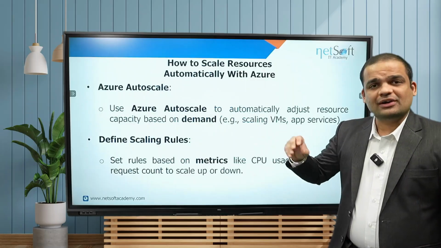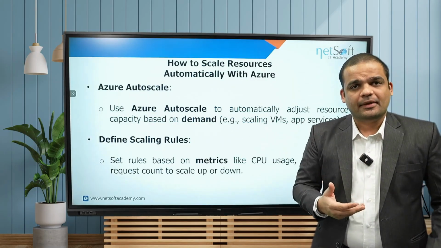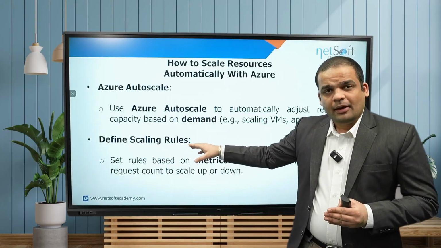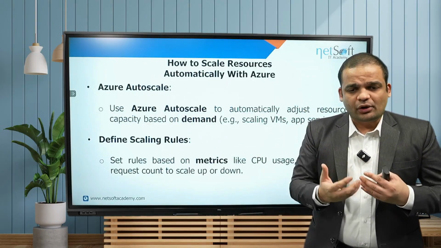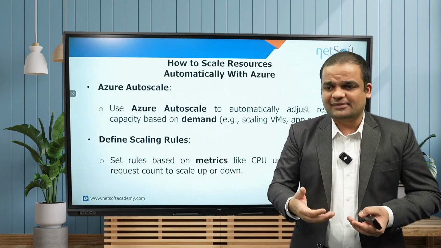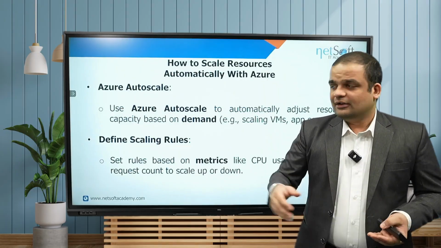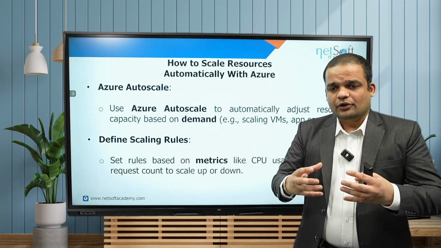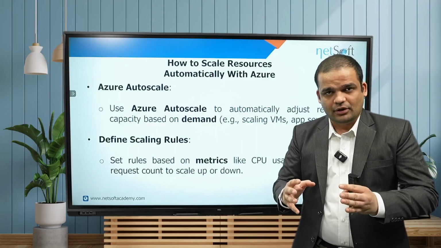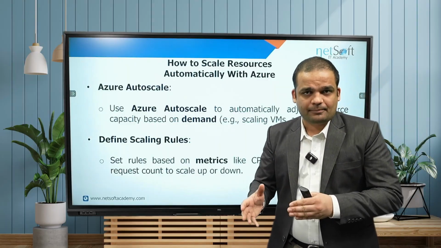Now, to automate your scaling, you define scaling rules. Without rules, Azure cannot understand when to actually scale up or scale down, or maybe scale out or scale in. These rules are there to define a proper sequence, a proper trigger for when the scaling must happen.